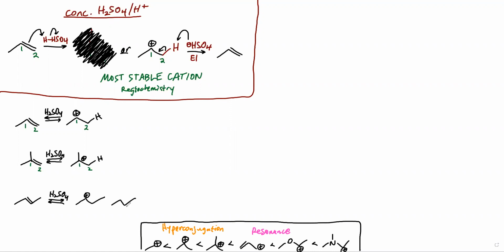The other cation, which is this one here, is of equal stability. Both are secondary. In this case, we're lucky because this is a symmetrical alkene, and symmetrical alkenes form identical cations regardless of where you react. So we don't really have to worry about only one of these guys. So again, this cation could collapse back into the butene we see here, this 2-butene.